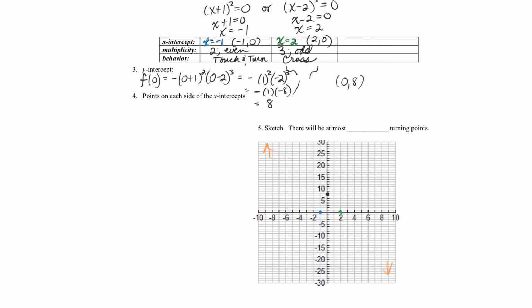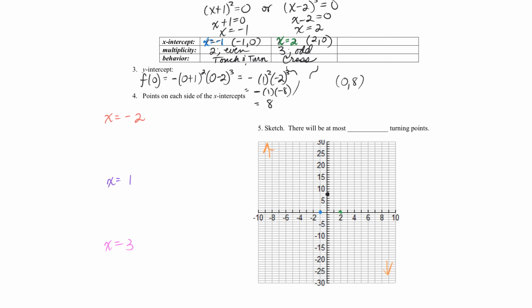So the 3 points I'm going to pick are negative 2, 1, and positive 3. So I'm going to pick x equals negative 2. I'm going to pick x equals 1. And I'm going to pick x equals 3.